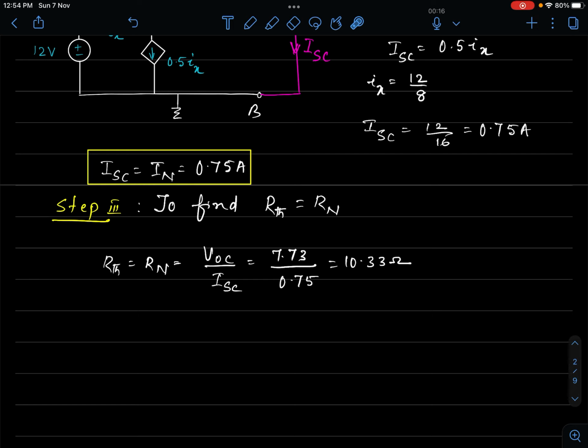So having done this much, now we will write the Thevenin's equivalent network and Norton's equivalent network.